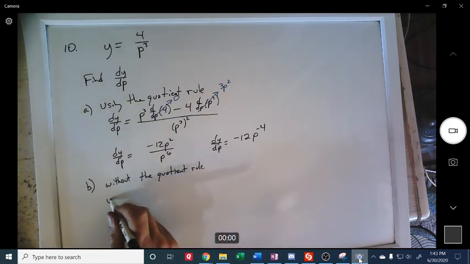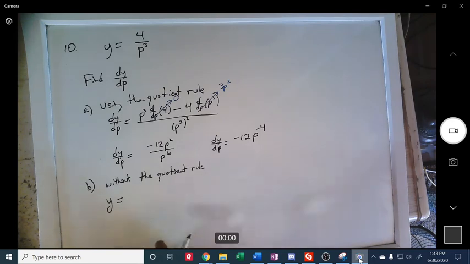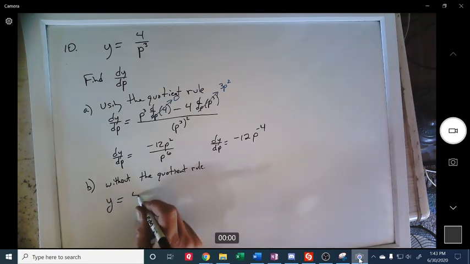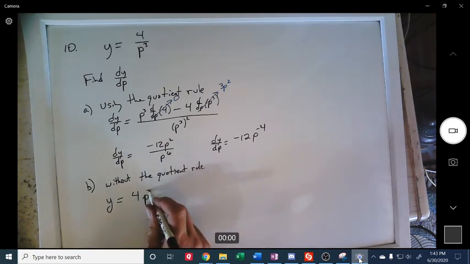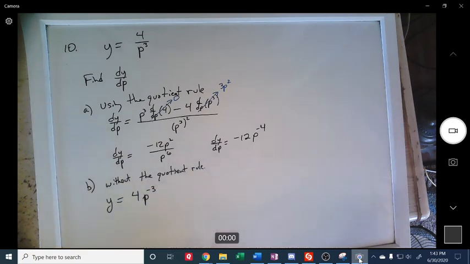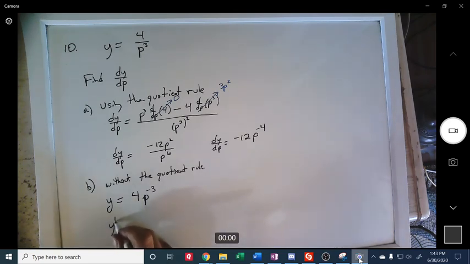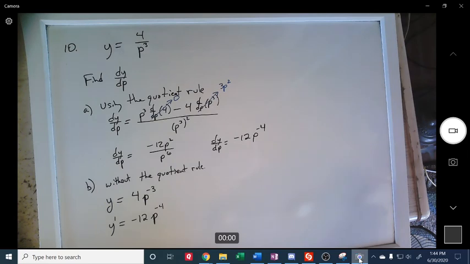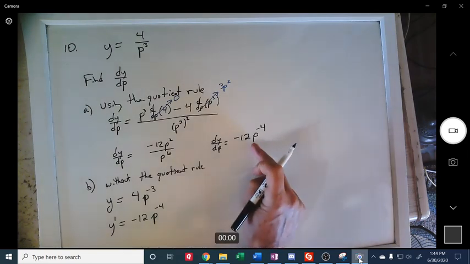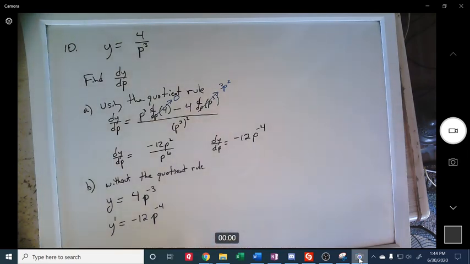And we can do this without the quotient rule because four over p cubed is the same as 4p to the negative 3 power. So then y prime is minus 12 p to the minus 4. And is that the same answer? It's exactly the same thing.